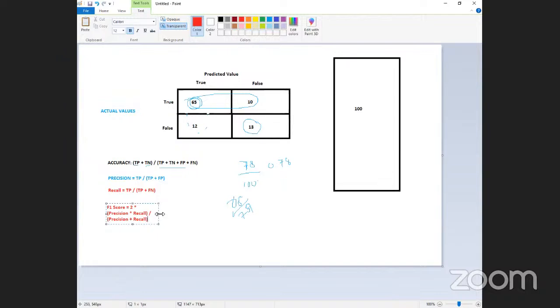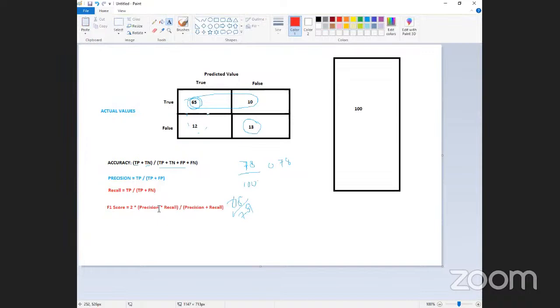This is the F1 score. So we can use these scores to calculate our algorithm accuracy. Today we are going to do this in our practical to see how good it is. Okay, let's go to the practical.